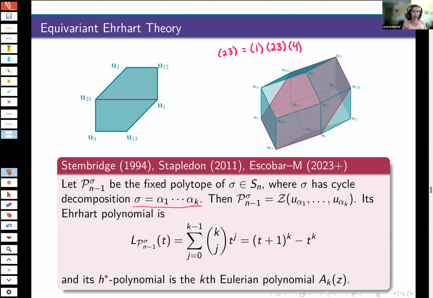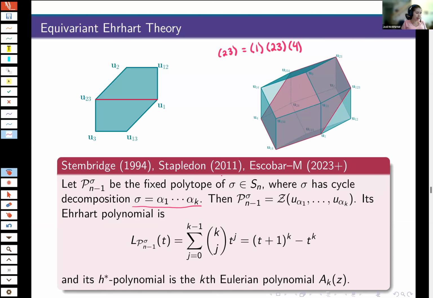And that makes everything else really nice because we actually already computed the Ehrhart theory for all of these things, because we did the Ehrhart theory for these polytopes in general. And so it's really just taking that, replacing the n's with k's, and I'm good to go. And so one of the other interesting things about these polytopes is they actually do show up in Stapledon's paper in a little bit of a confusing way and not presented like this.